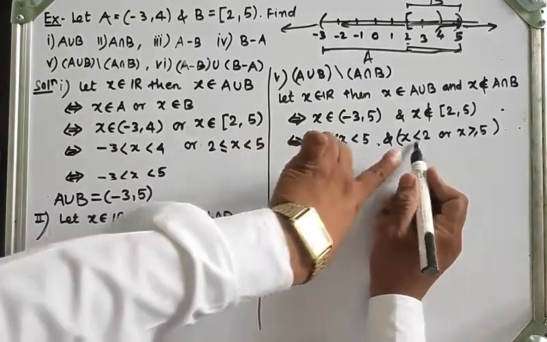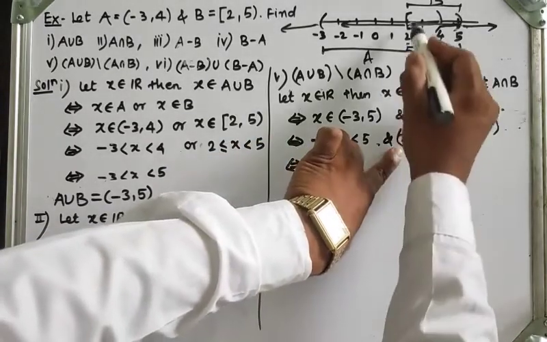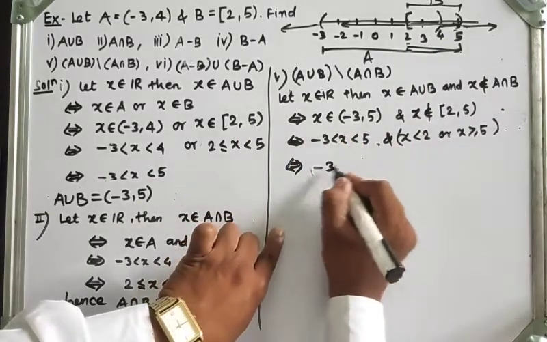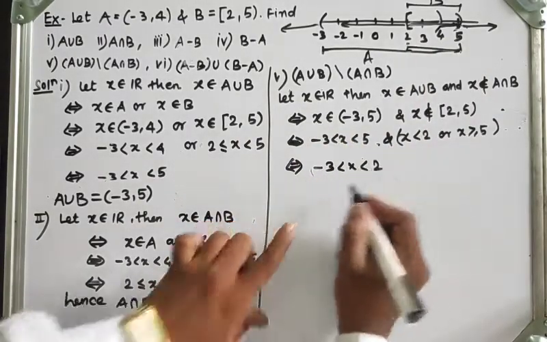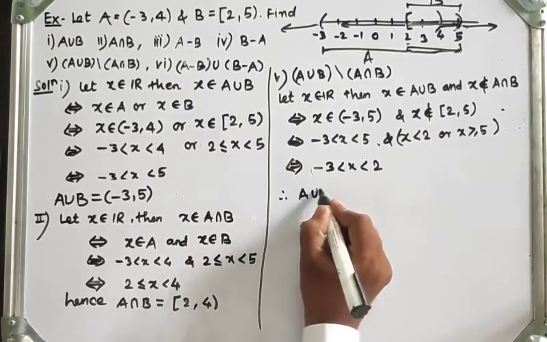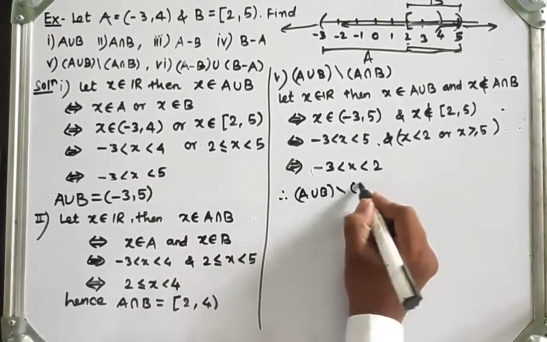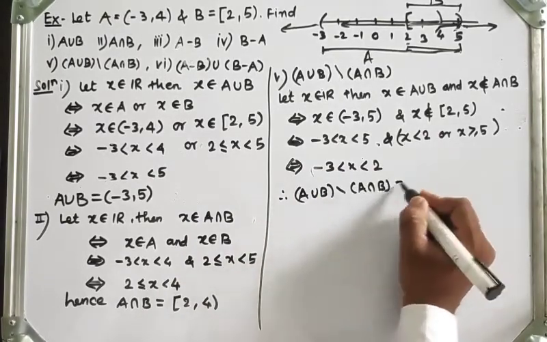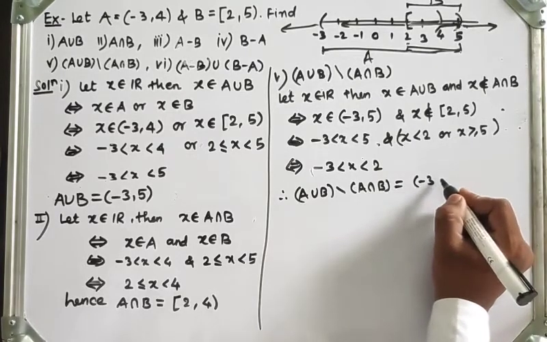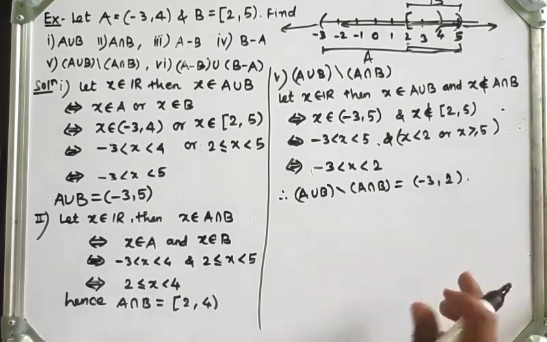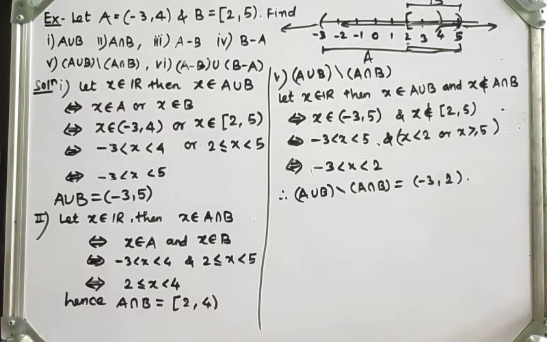So the points x should be less than 2, which means -3 less than x less than 2. Therefore A union B minus A intersection B should be -3 to 2. This is the interval.